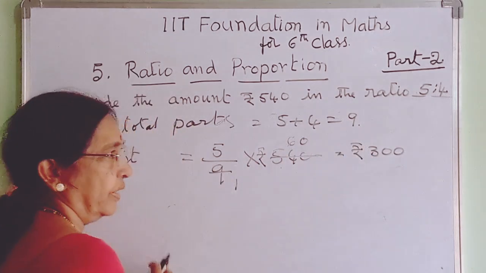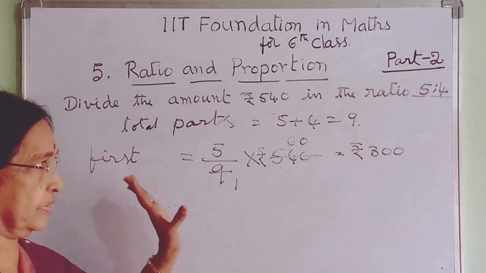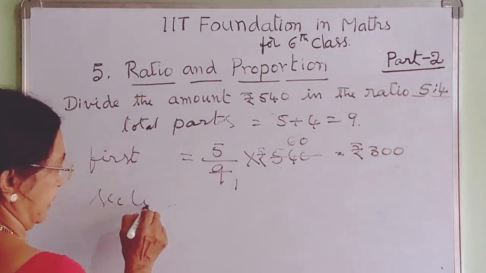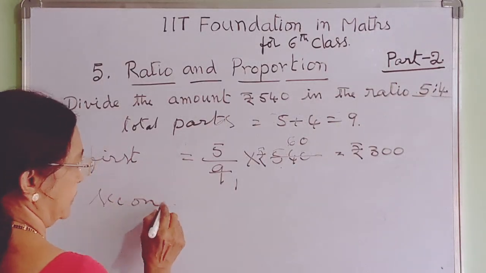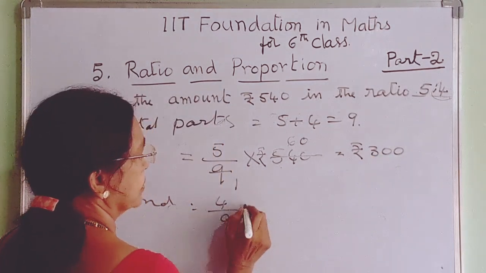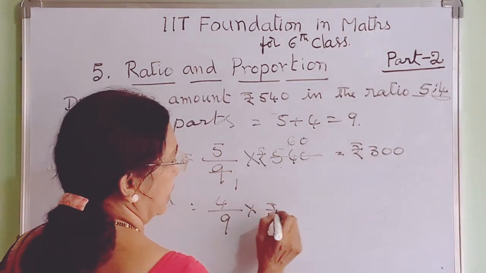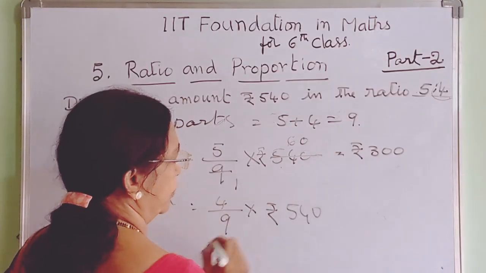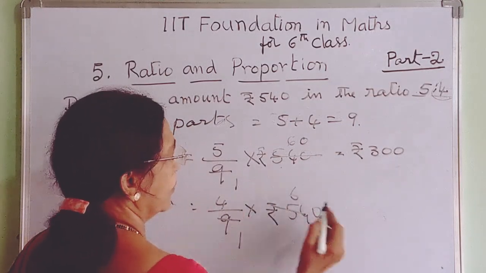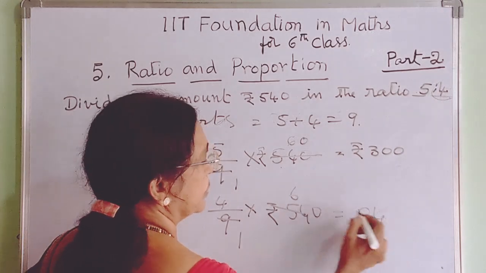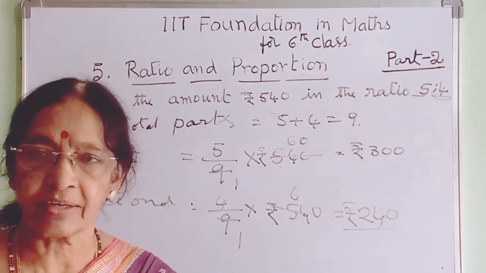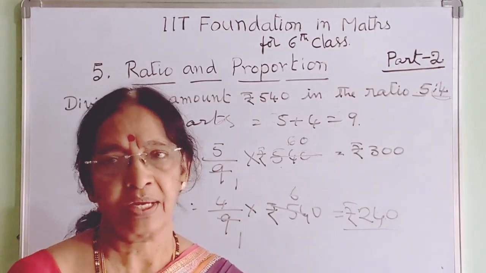So the first part is rupees 300, and the second part is 4 parts out of 9 parts. So in 540 rupees, 9 ones 9, 6. So 6 fours 24, 0. So rupees 240. Thus we can divide an amount according to the ratio.